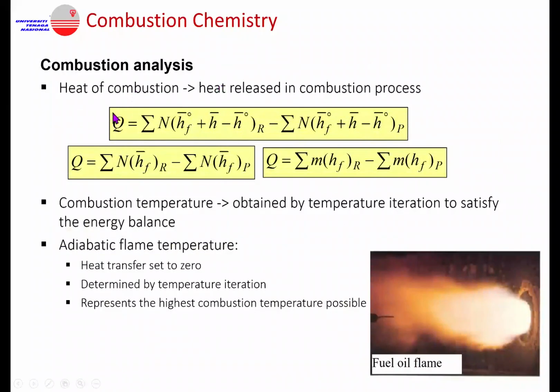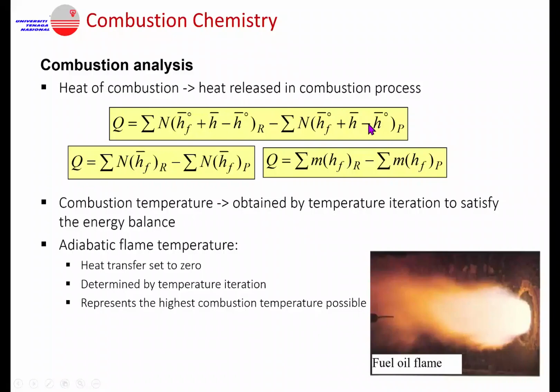So to find Q, to find the heat, it is actually the summation of all the enthalpies, the enthalpy of formation, in the reactants minus all the enthalpies of the products. So the heat is actually the difference between all the energy in the reactants and all the energy in the products. We do summation here because there are many species in the reactants and many species or elements in the products.